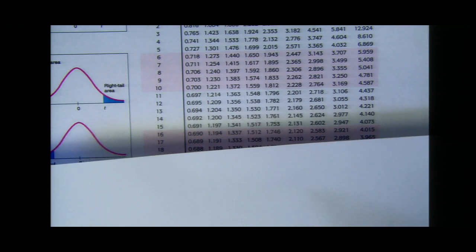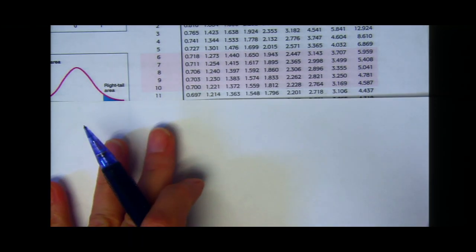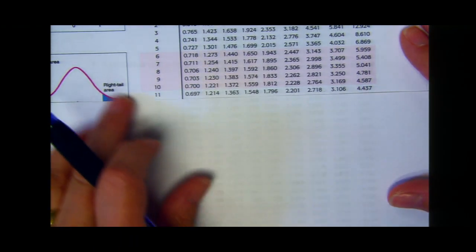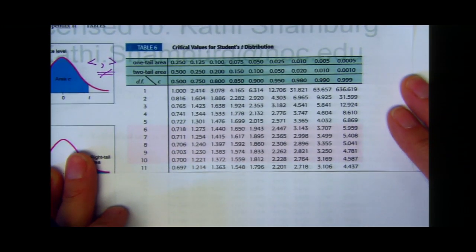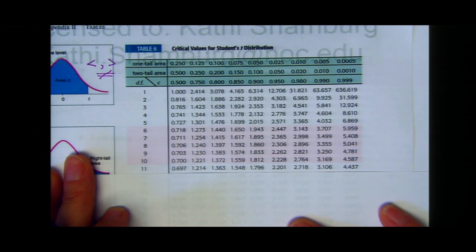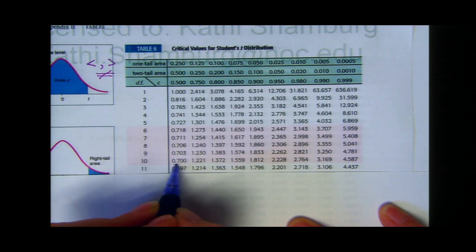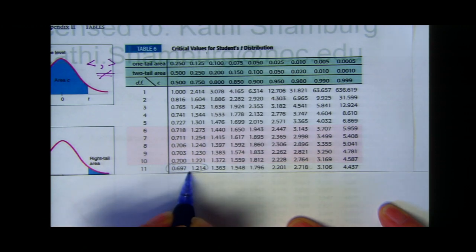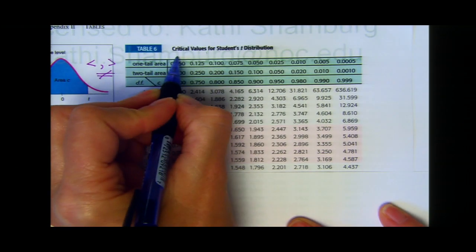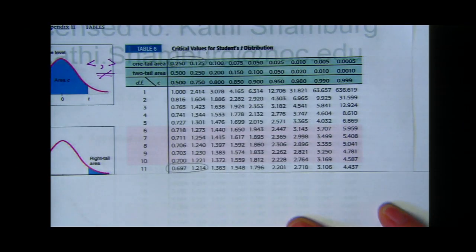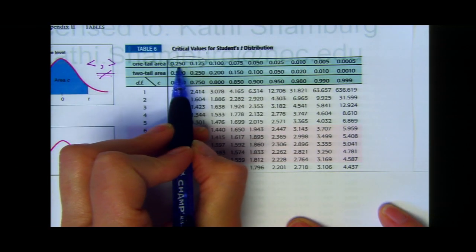So I'm going to go back to the DF is 11, and I'm looking for 0.997, which is in between the first two numbers. And it was a left-tailed test, so I'm going to come up here to one tail area. So it tells me that it is between the 0.25 and the 0.125.